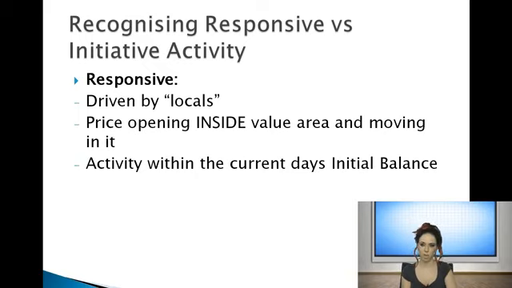Oh, please, please, please. So then I give them the go ahead for the trade. And then what tends to happen is that they spend the next 6 hours waiting for something to happen, and nothing happens. So this is why I don't like trading responsive activity. If something opens inside value, typically I will then look for an extension of initial balance, at least.